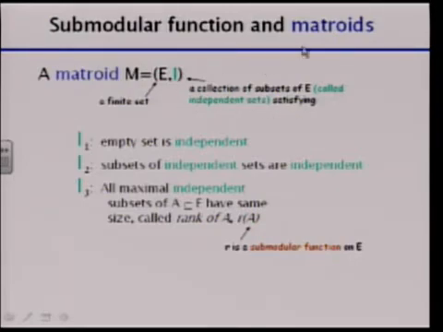And in general, this matroid should satisfy some mathematical conditions that may not be as restrictive as submodular, but still it's something very interesting to think about. You need to have the empty set, and then the subsets of independent sets are still independent. And all maximal independent subsets are in this finite set.